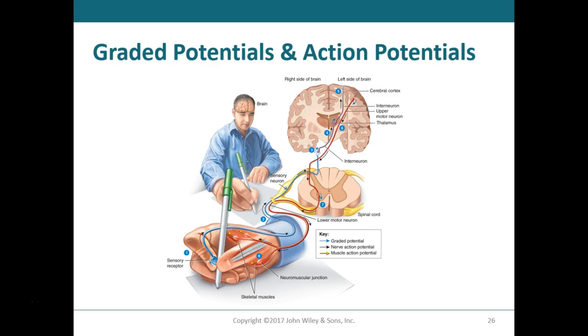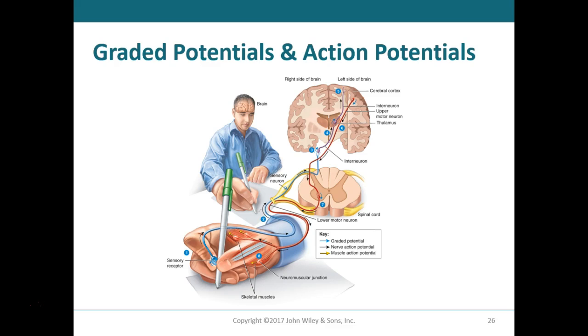The neurotransmitter then generated a graded potential in another motor neuron that then stimulates those muscles to move. Okay? So the muscle cell has to depolarize and then create the contraction. So you talked about this, of course, back in the previous unit.